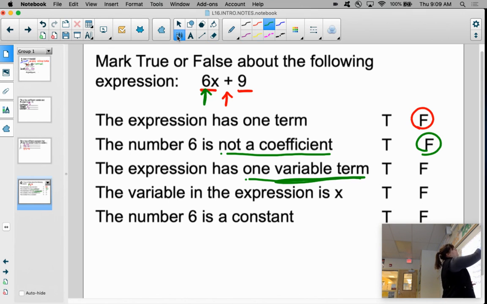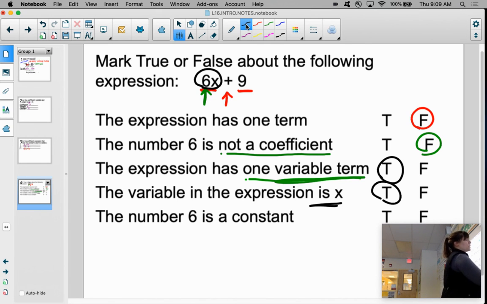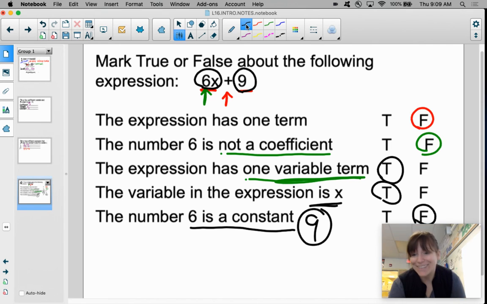It's this 6x. The variable in the expression is x. Well, that's the letter that we see. So yes, that is true. And the number 6 is a constant. No, that is false because the 9 is that constant number, the one that's all by itself being added in this case. So that is my intro.